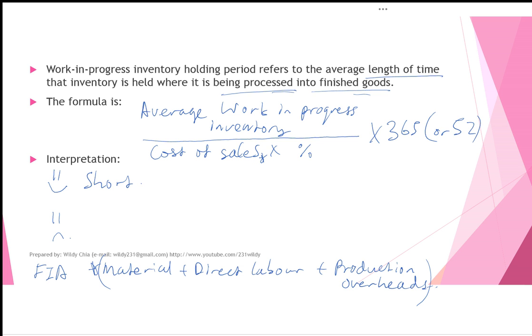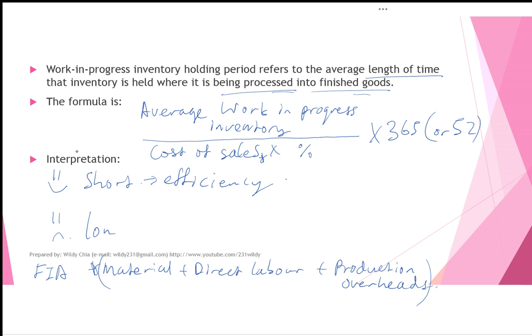Now, if you have a short holding period, it also reflects one more thing, that there is efficiency in the production process, right? Remember, the longer that you hold the stocks, what does it mean? It means that potentially there might be issues with production efficiency, right? Maybe the factory is not operating as efficiently as it should, right?